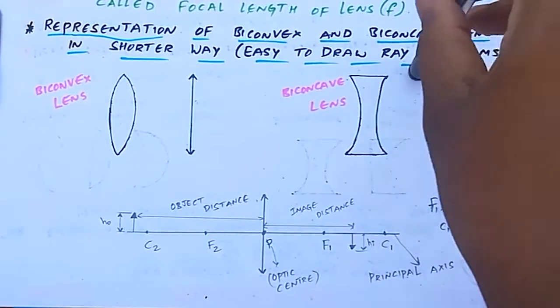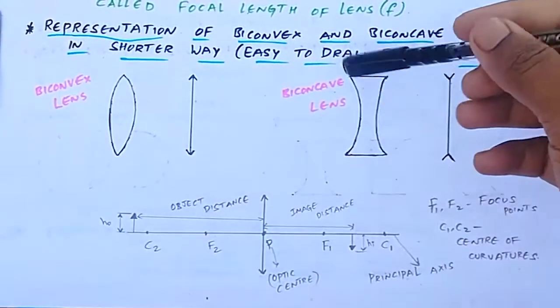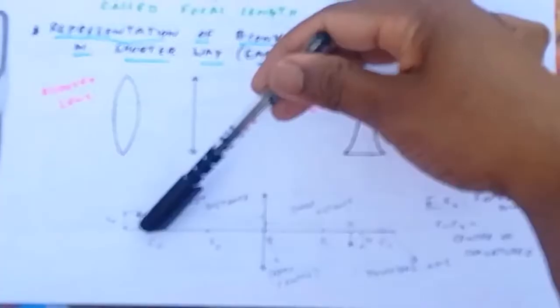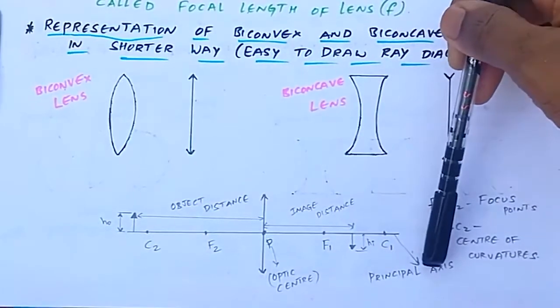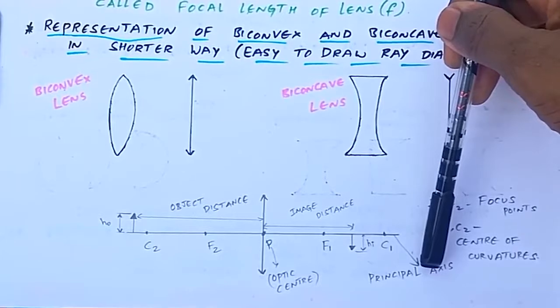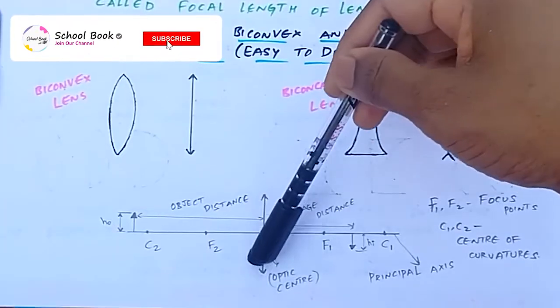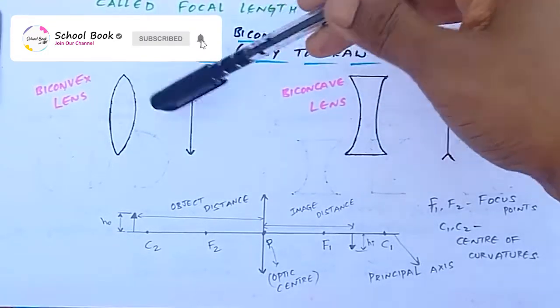Okay, we'll go to the terminology. So what will be the terminology according to this one? See, observe. This line is nothing but the principal axis, and this one is the lens. Which type of lens?